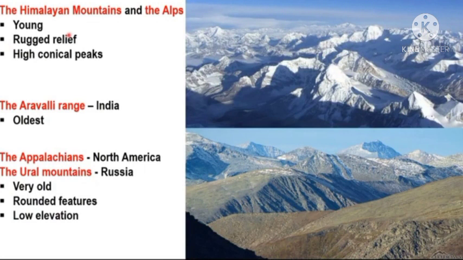The Aravali range in India is one of the oldest fold mountain systems in the world. The range has considerably worn down due to the process of erosion. The Appalachians in North America and the Ural Mountains in Russia have rounded features and low elevation. They are very old fold mountains.